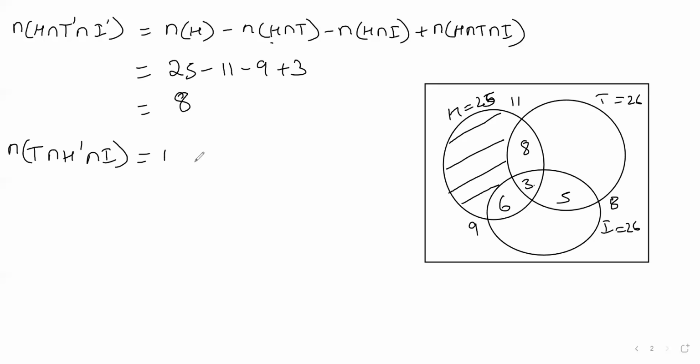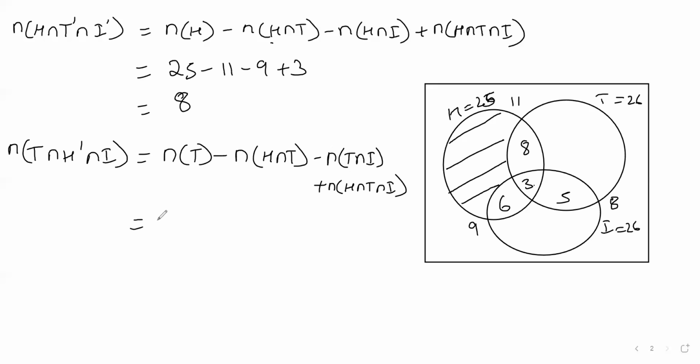It is number in T minus number in H intersection T minus number in T intersection I plus number in H intersection T intersection I. तो T minus होगा 26 minus H intersection T 11, T intersection I 8, and I will add this 3.